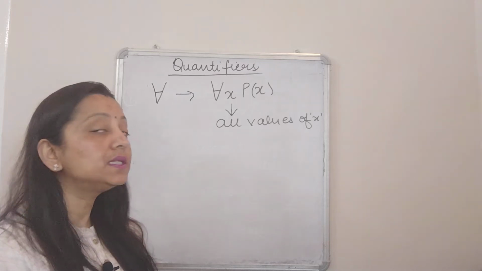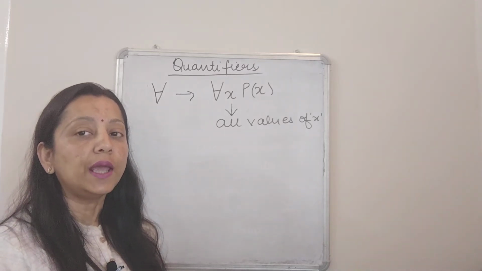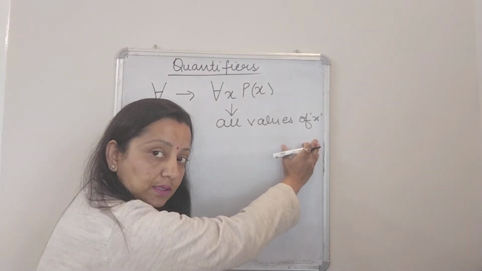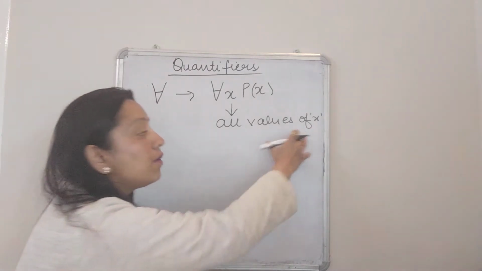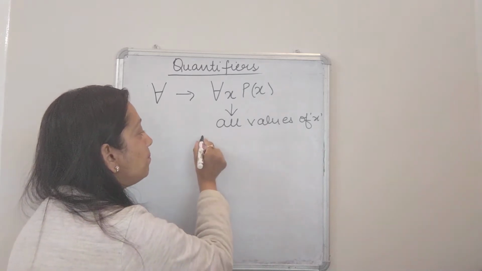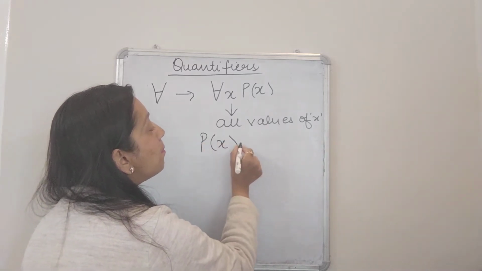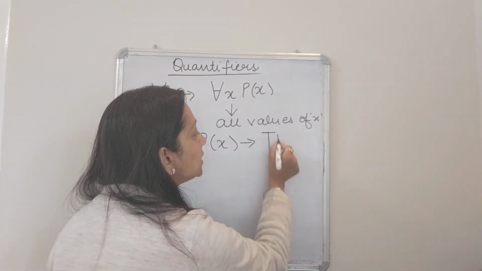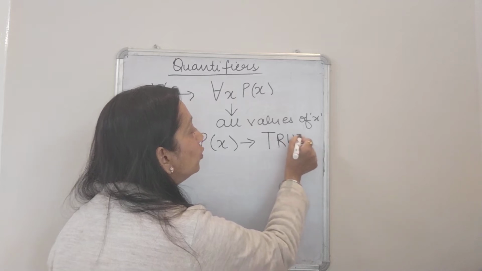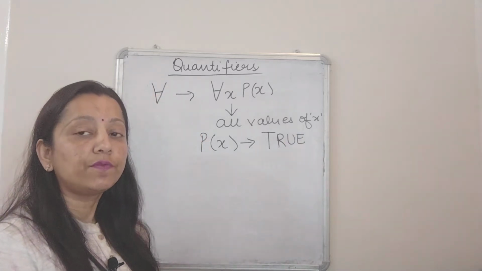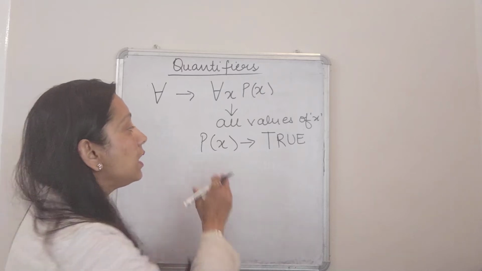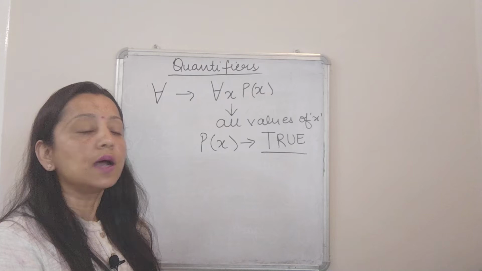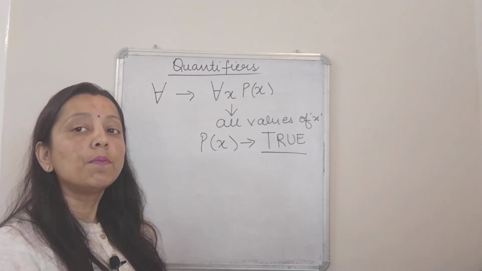The moment I say for all x P of x, that means for all the values of x from the domain of x, P of x must have a truth value which is true. If for all the values of x from the domain of x, P of x has a truth value true, only then you can consider P of x as a proposition.